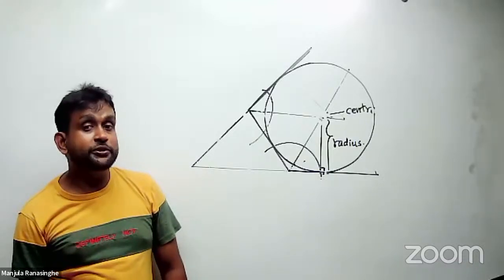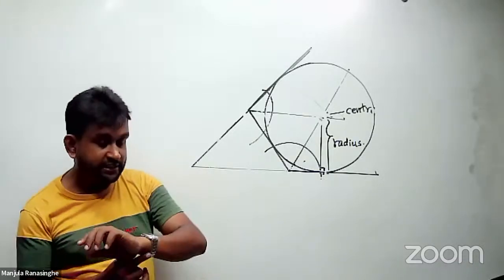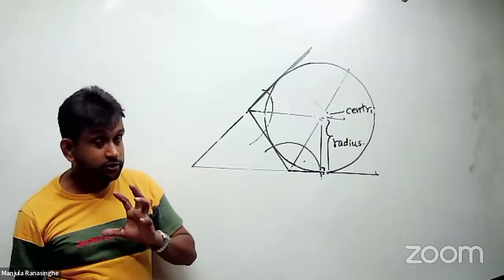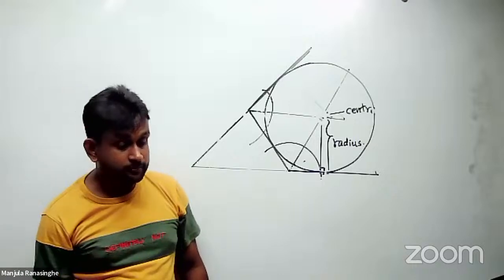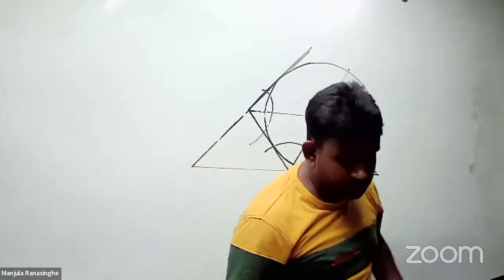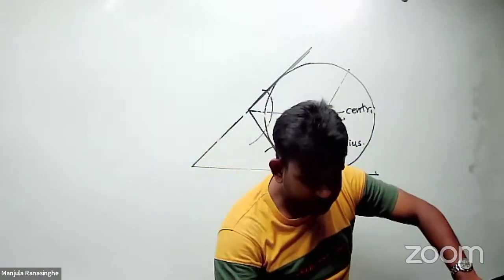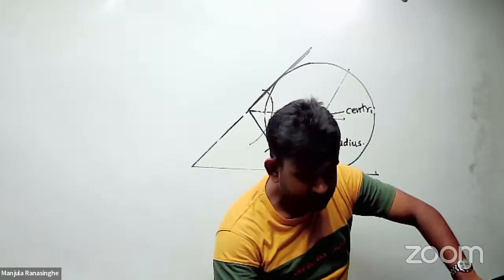Now we have only 2 theories, right? What are the theories? The drawing of tangents to a circle. Any doubts up to now? So we discussed all the theories of the construction lesson.